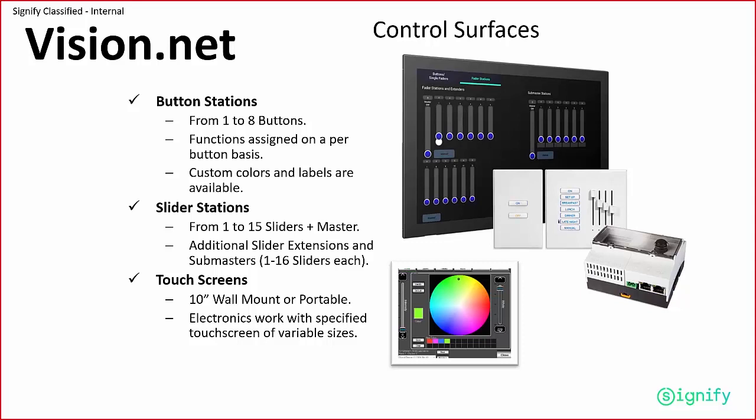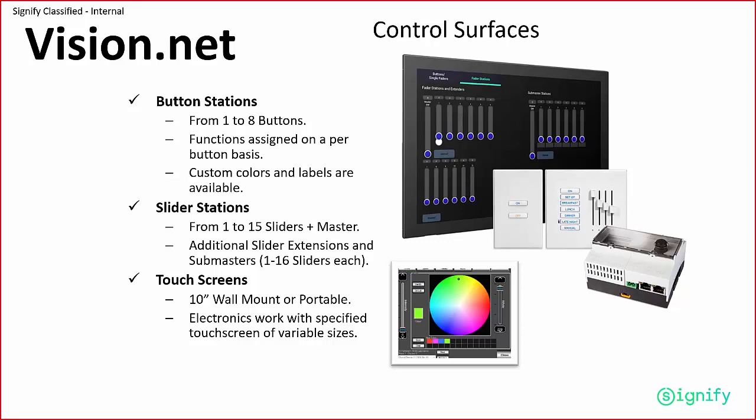We have new 10-inch touch screens. These can be wall mounted, flush or surface. They can be mounted in a portable station, which can be very typical for school jobs. The electronics work with specific sizes that are available, so we can disassociate the electronics of the touchscreen from the screen itself.